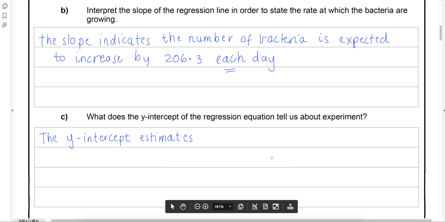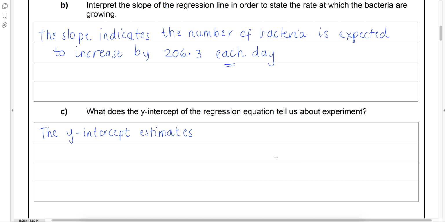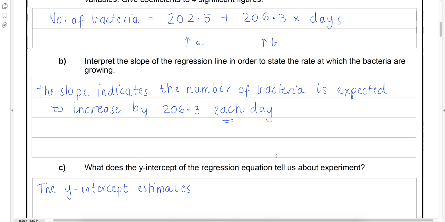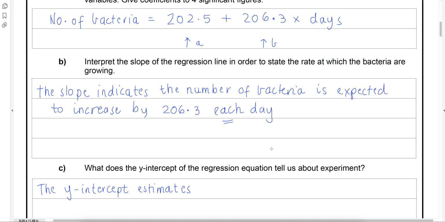The Y-intercept, like I said, is a little bit easier, because what it is if we have a look up here, when your EV is 0, so when you have days equal to 0, your Y-intercept, or your A value, as you can see, is 202.5. So when days equals 0, if I substitute 0 into here, I'm going to have number of bacteria is 202.5.